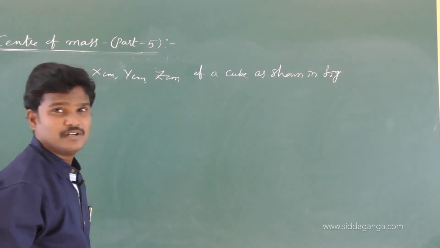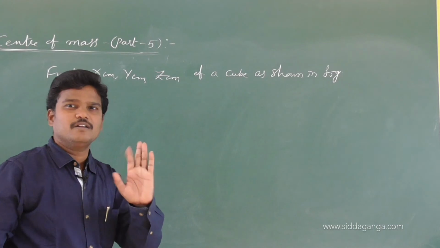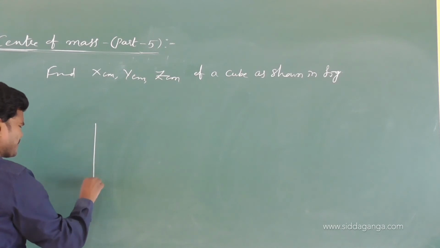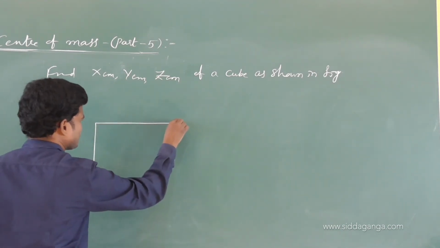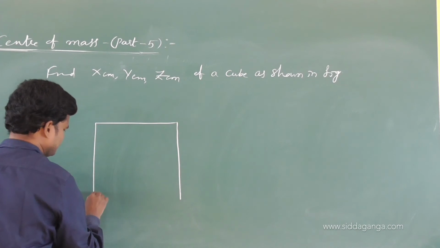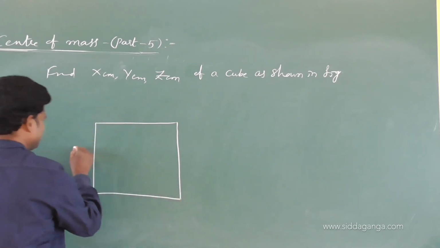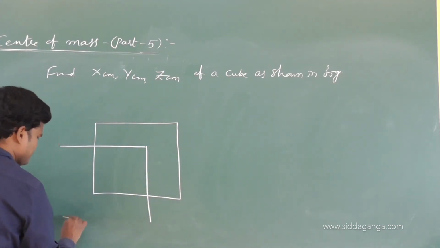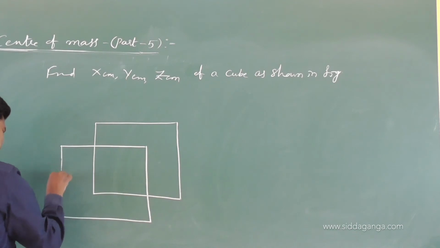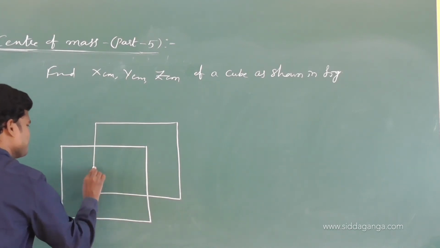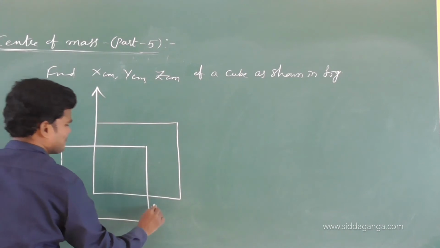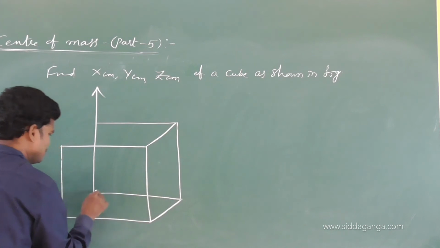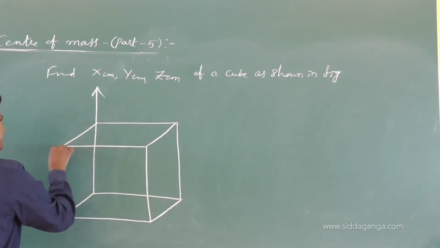They gave a cube. At each corner of the cube, identical masses are placed. So they gave the diagram like this. So draw this diagram, try to get the answer.